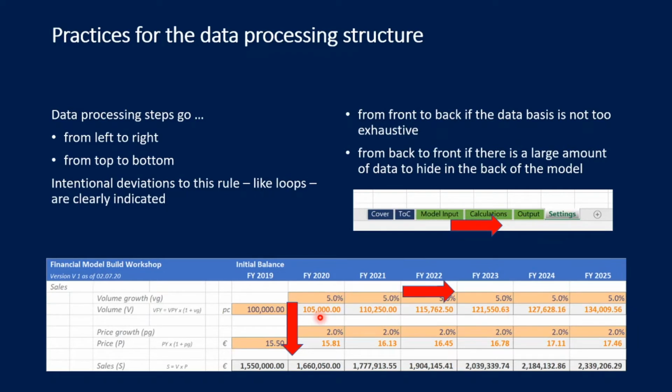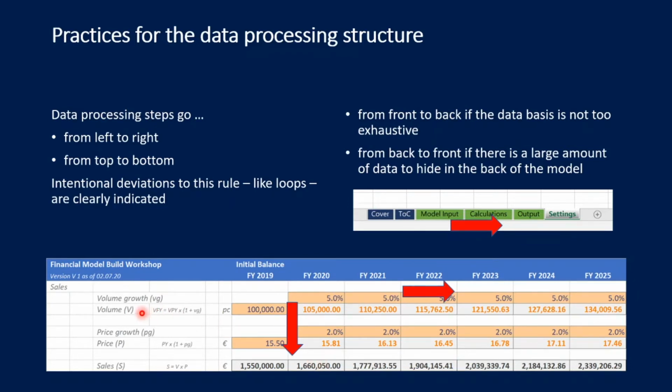So in the next year we will have 105,000, then we will have 110,250, then 115,762, and so on and so forth. So this data goes from left to right, but never vice versa, never from right to left, always from left to right. Then the data is processed from the top of the sheet to the bottom of the sheet.